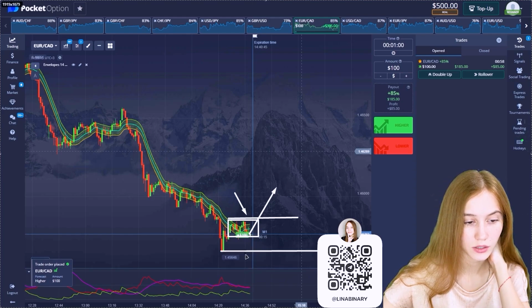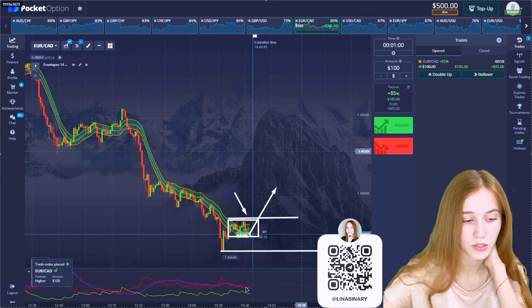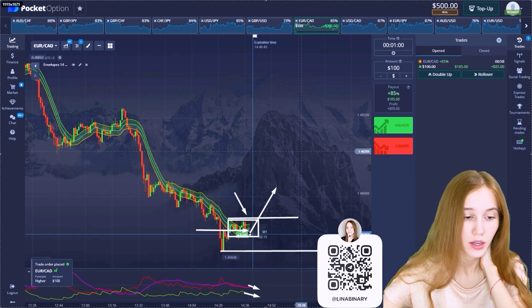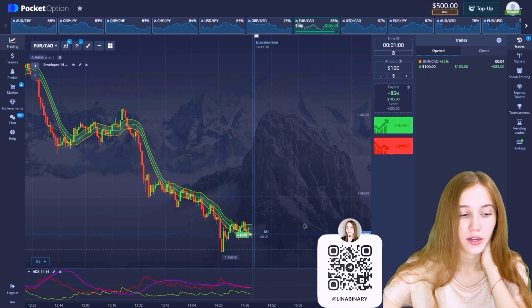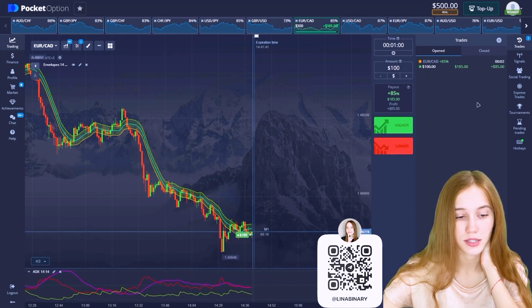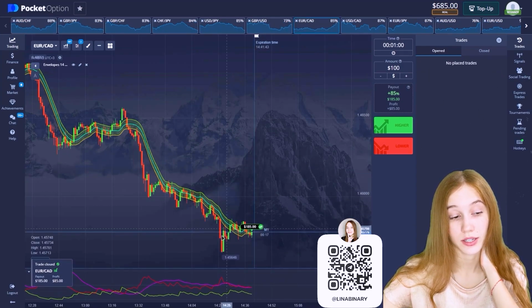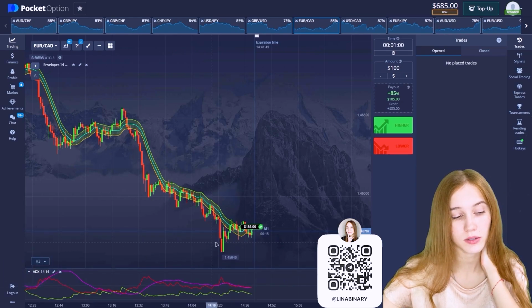Look what's here. No jumps, we see. Low boundaries of our indicator, we see. 1 second, yeah. Profit is $85. Our balance is $685. Good, let's move on.